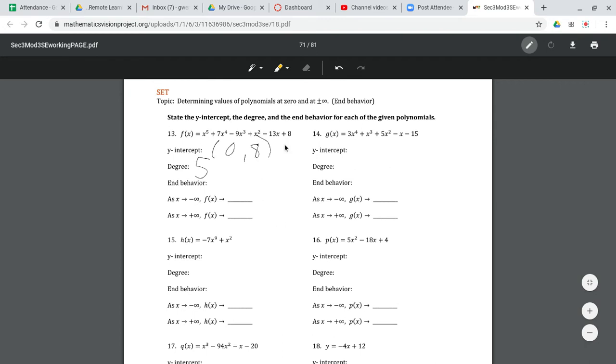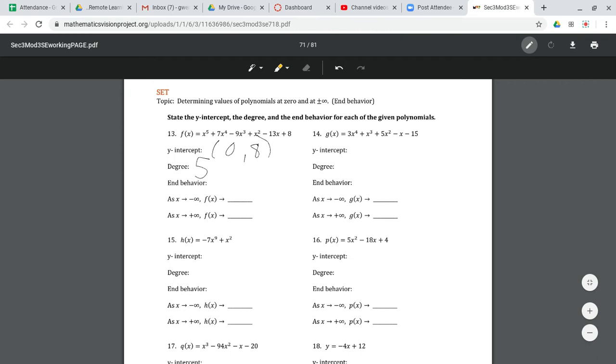And then for end behavior, what that's asking is, as x is approaching negative infinity, so as we're going to the left, our f of x value, our y value, is going which direction? Because we're dealing with a degree of 5, it's going to alternate.